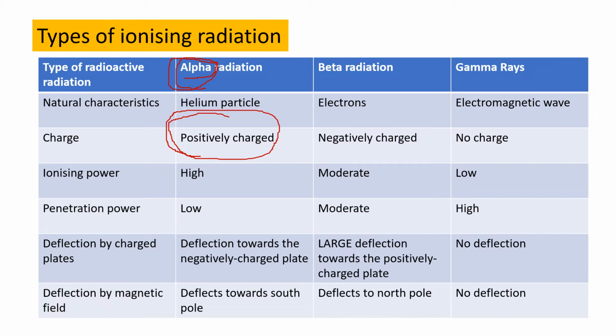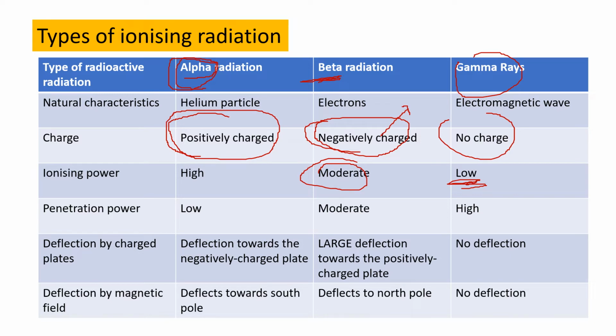Meanwhile, beta radiations are small because they are electrons. They're negatively charged, so they will cause an imbalance as well. But the magnitude is moderate, it's quite low, right? But compared to gamma rays, which have no charge, they have very, very low ionizing power. So even though, say, the light spectrum is a type of EM wave, it's not harmful to our body, right?